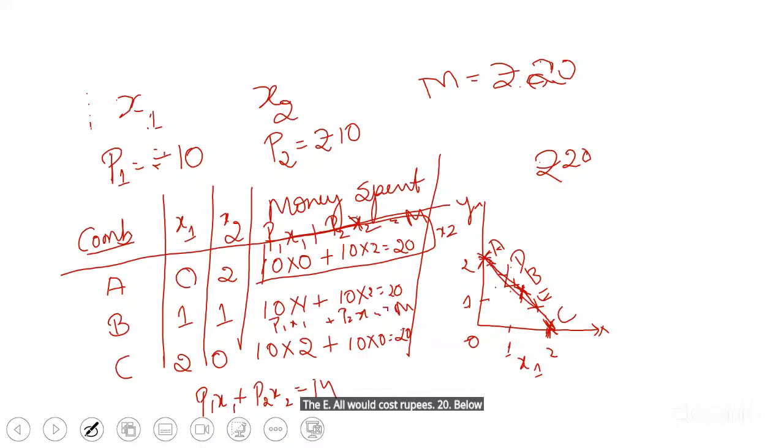Below this budget line, the bundle will cost less than 20. And any combination above the budget line will cost more than 20. Are you able to understand what I'm trying to say?